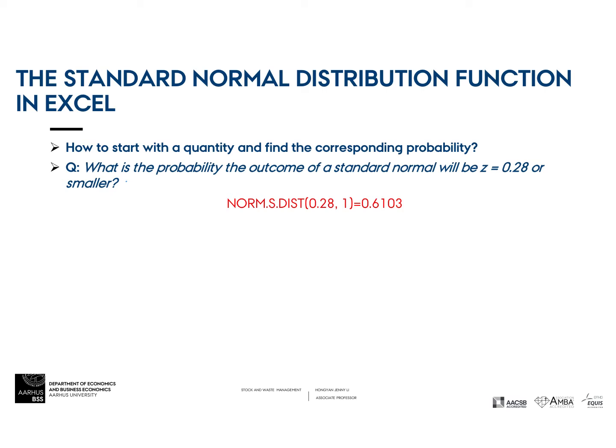So for the first question we have done, what's the probability that the outcome of a standard normal will be zeta equals 0.28 or smaller. Basically we're interested in the value phi of 0.28, or the probability that (D minus mu) divided by sigma is less than or equal to zeta.